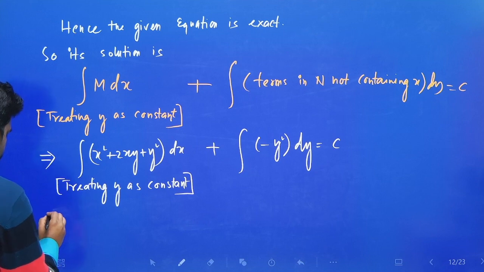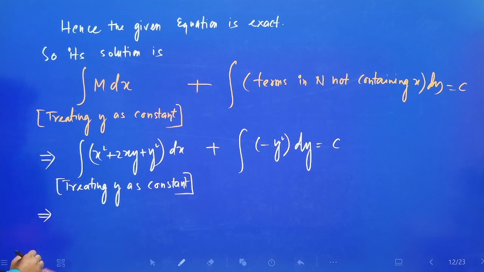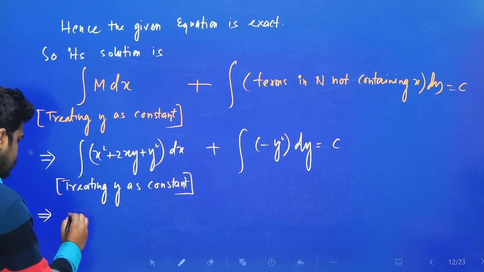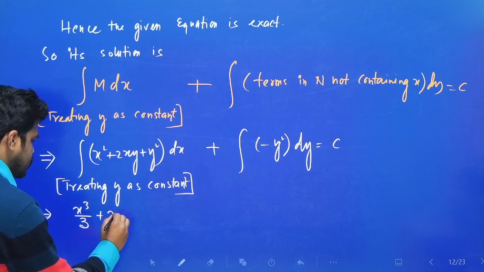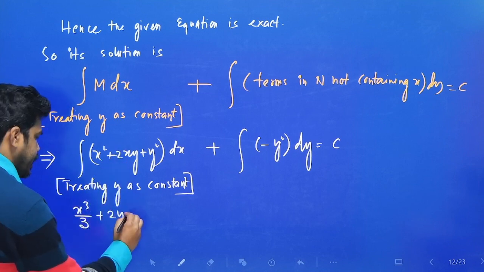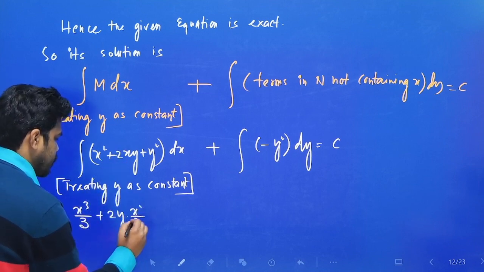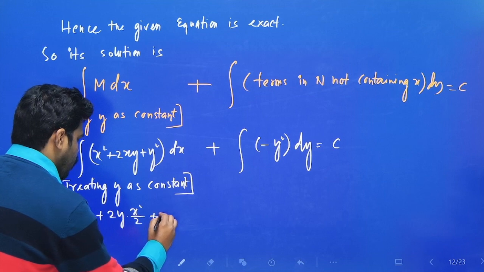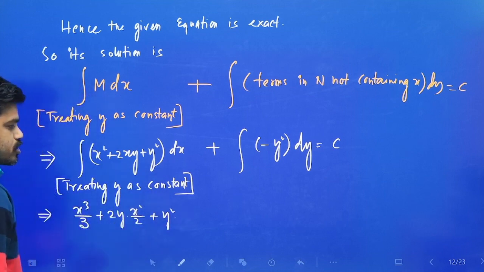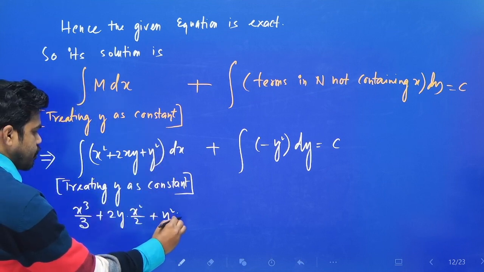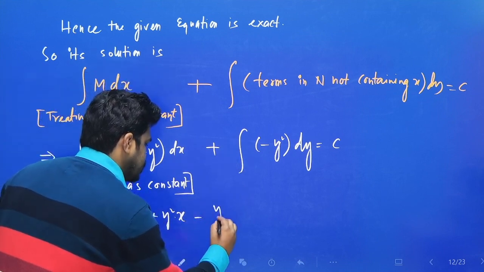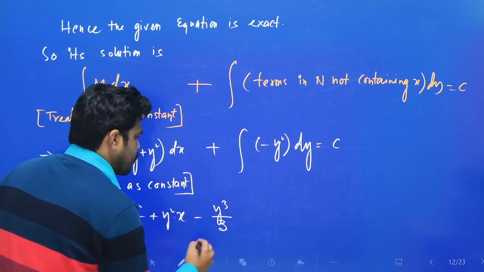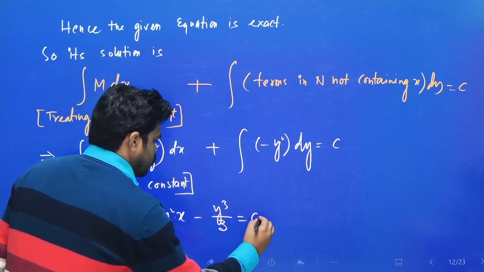So this implies, y কে constant treat করে integration করতে হবে. So x square কে integration করলে তুমি পেয়ে যাবে x cube by 3, plus 2 is constant, y is constant, x কে integration করো, that means x square by 2, y is constant, that means y square is also constant, so dx কে integration করো, that means minus y square কে integration করো, that means y cube by 3, so this is equal to c.